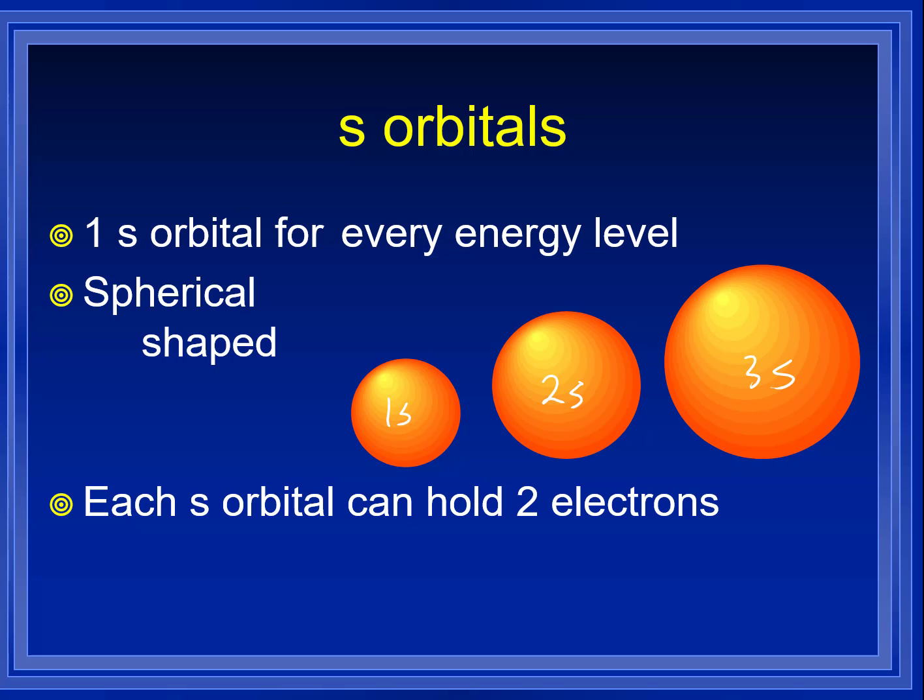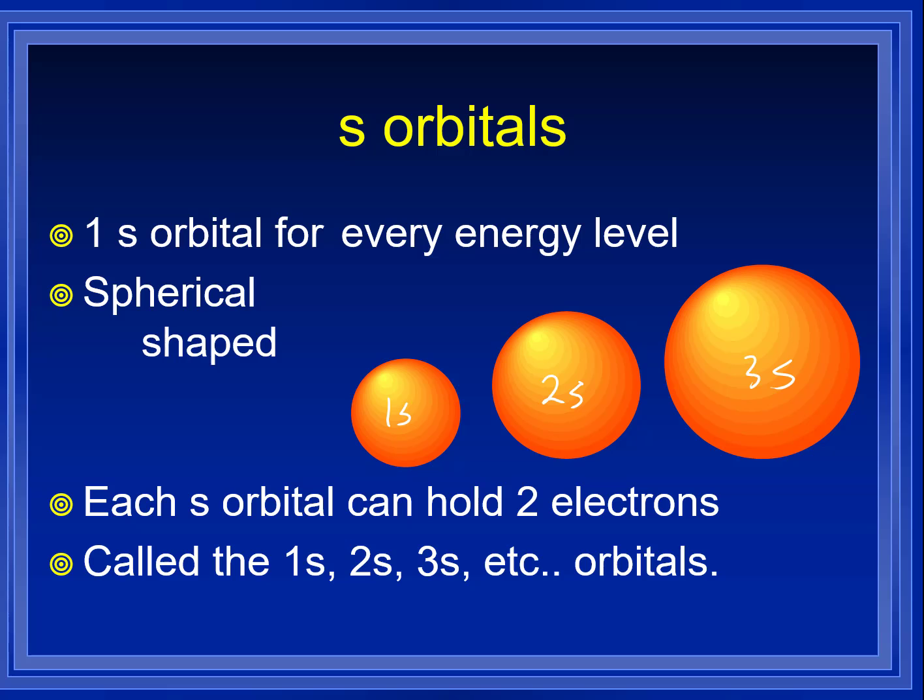That still works. Like Bohr was right. Further away, he's going to have more energy. Okay? And that's what we do. We don't say the first energy level's s orbital, we say 1s. Second energy level's s orbital is 2s. The third energy level's s orbital is 3s.